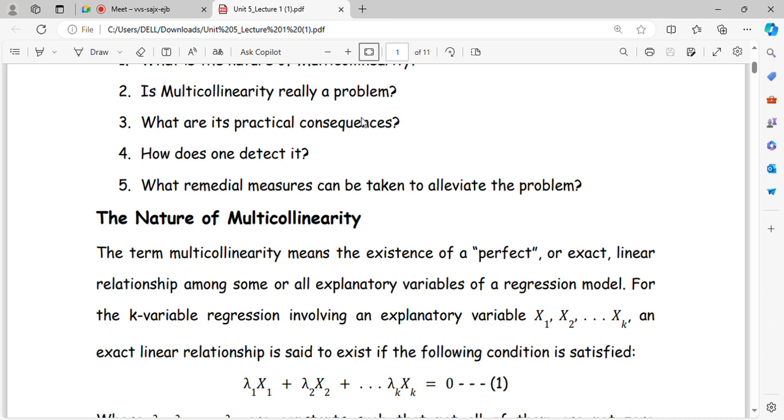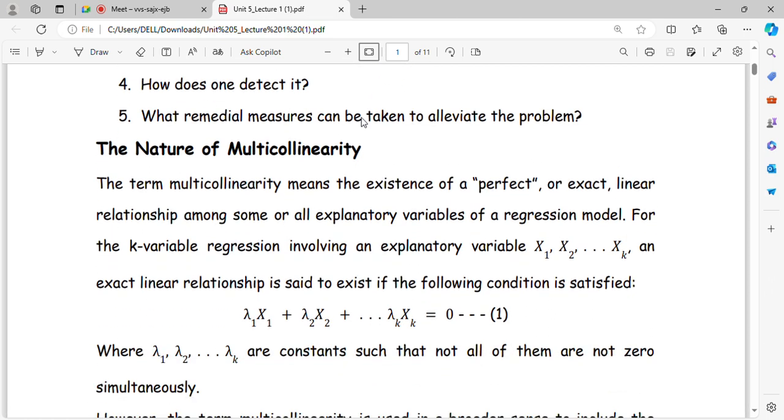Let's say for the k variable regression involving explanatory variables x1, x2, up to xk, an exact linear relationship is said to exist if the following condition is satisfied: lambda 1 x1 plus lambda 2 x2 plus ... plus lambda k xk is equal to 0, where the lambdas are constants. Then we consider that there is an exact linear relationship between the explanatory variables.